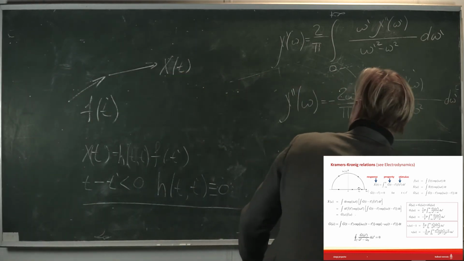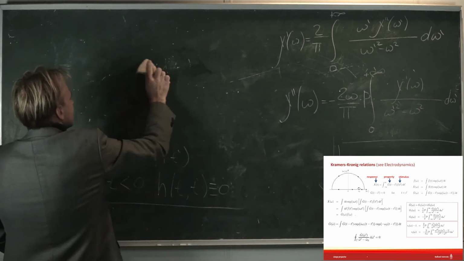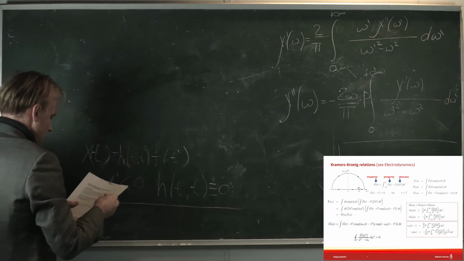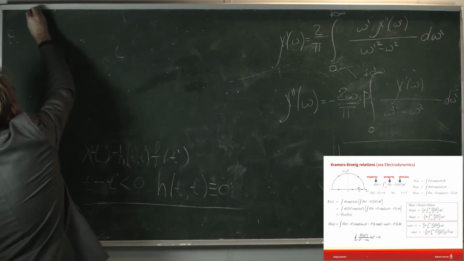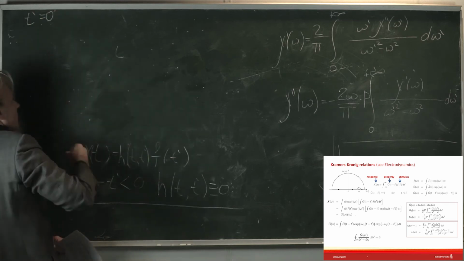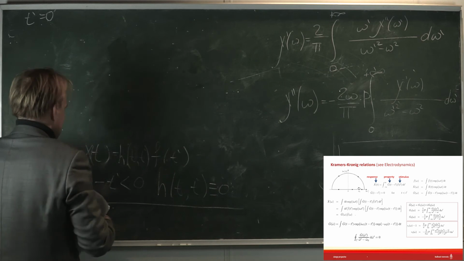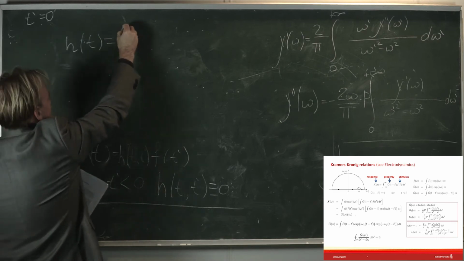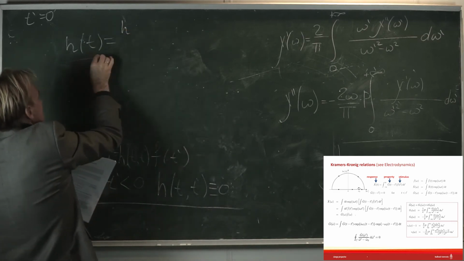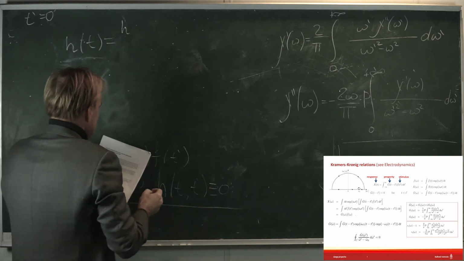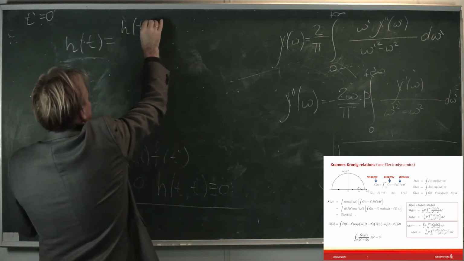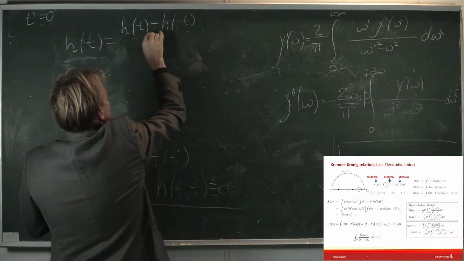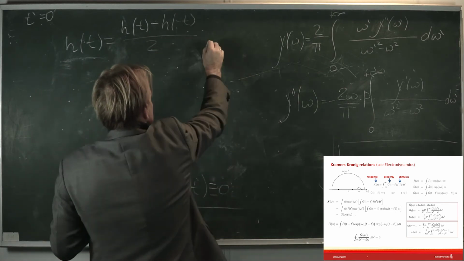Next. Well, let's assume that t prime is simply 0. It would be more convenient. And then let me pay attention to the fact that in principle I am allowed to write this property function in terms of two parts.